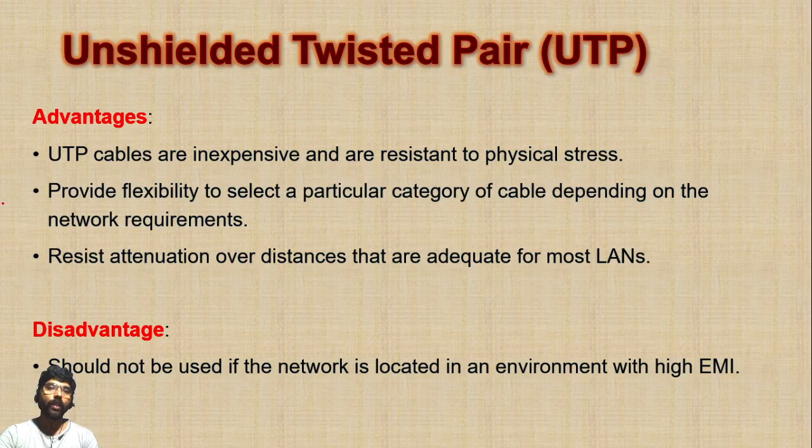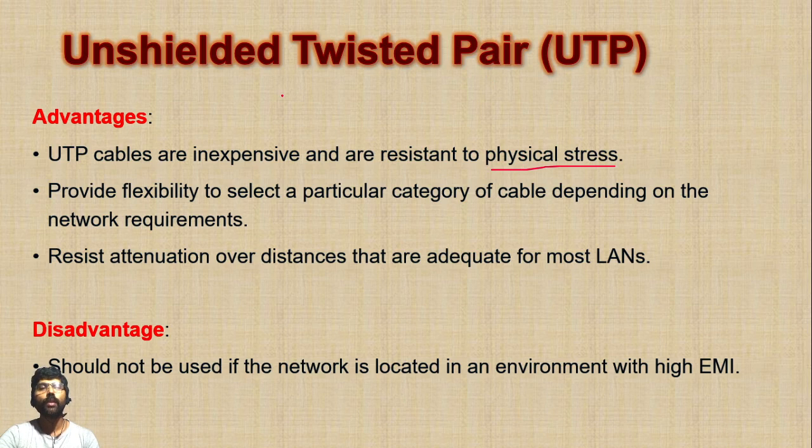Next are the advantages and disadvantages of UTP. UTP cables are inexpensive and resistant to physical stress. That means, compared to coaxial cable, these cables are less expensive, and we can easily twist such wires, whereas coaxial cable is very difficult to twist.